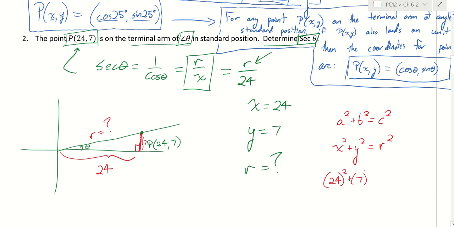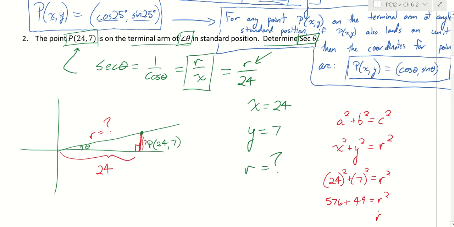All we have to do is a relatively elementary application of the Pythagorean theorem here. We can find what 24 times 24 is, and that should be 576. And 7 times 7 is 49.